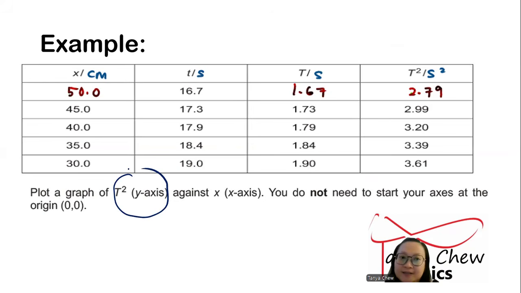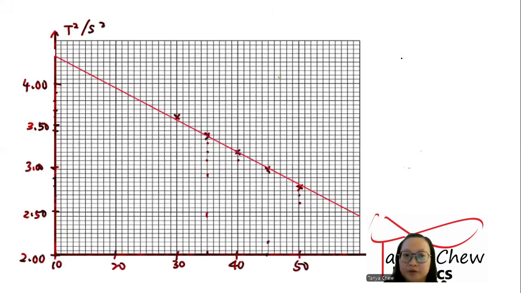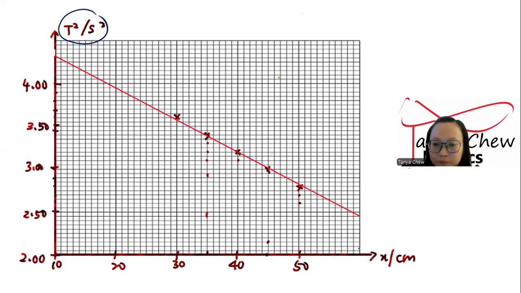If you put it on the x-axis, I'm sorry, you will lose the mark for axis. This is about x and t square. This is how I plot. So axis, 1 mark. Could you see that? Axis, with the correct physical symbol together with their appropriate units.